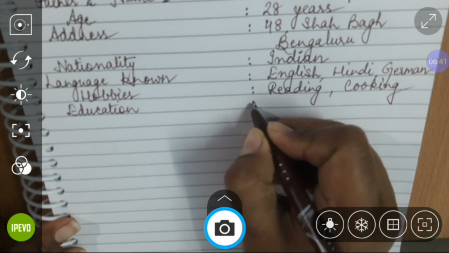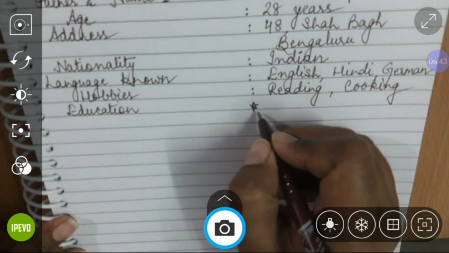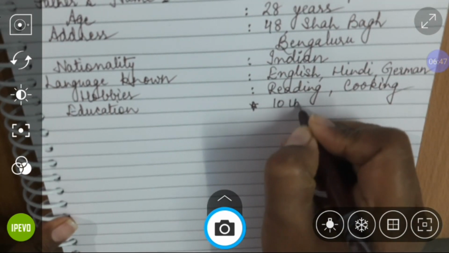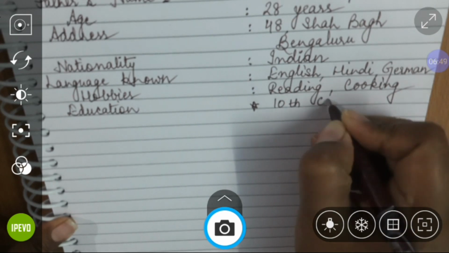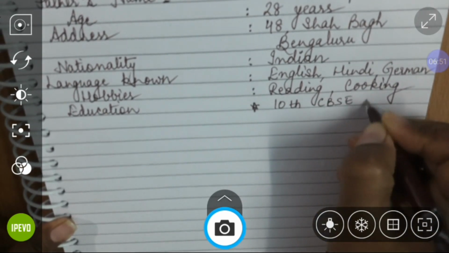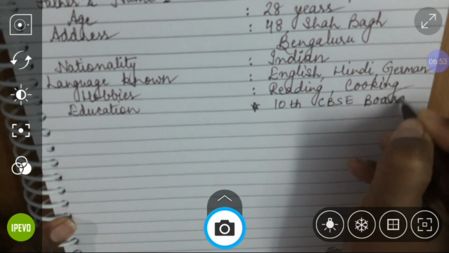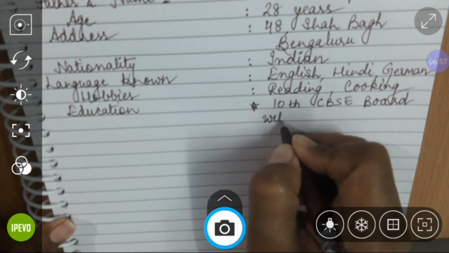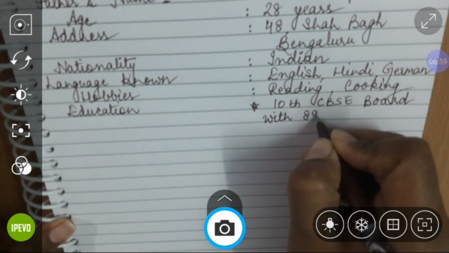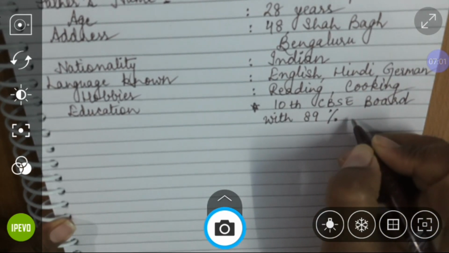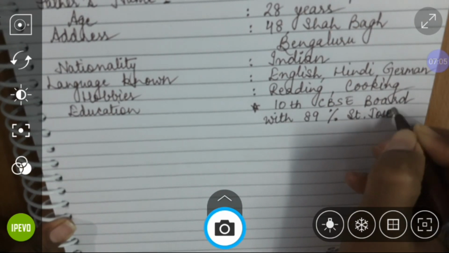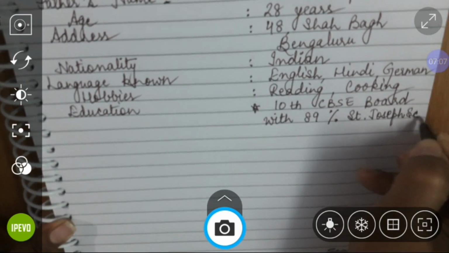You have to mention from class 10th. 10th, CBSE board with 89%, St. Joseph School.